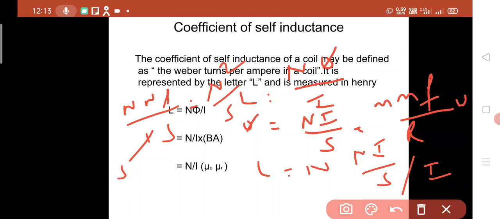Now S is equal, the formula you know already, L by mu naught mu r A. So substitute the S value.